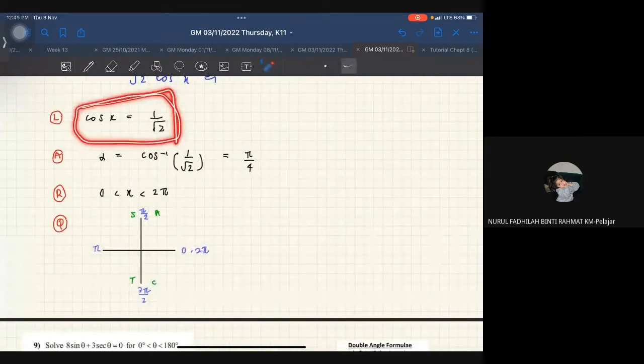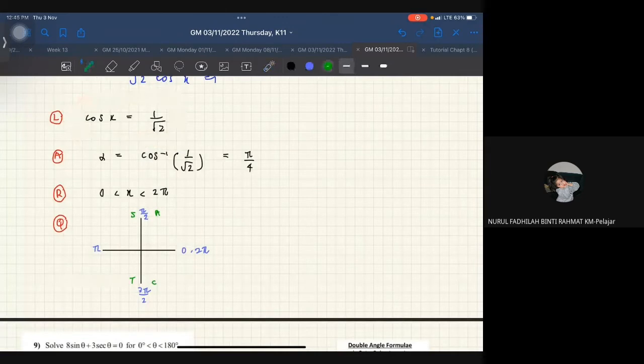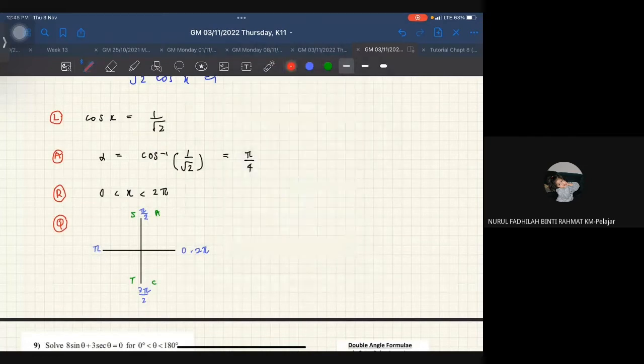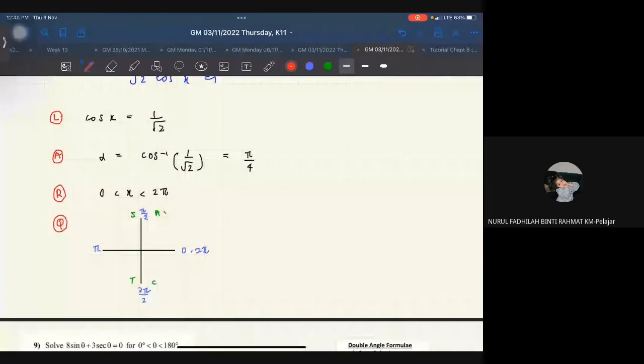In which quadrant our cos will be positive? 1, 2, 3, 4. Ke semua? Ke tak ada pun? Satu dengan 4. So, which is A dengan C.